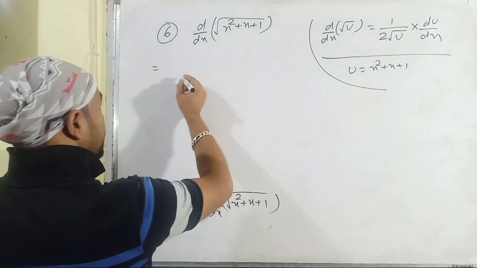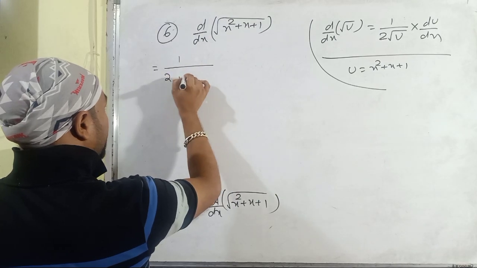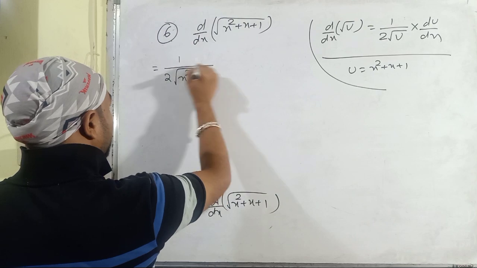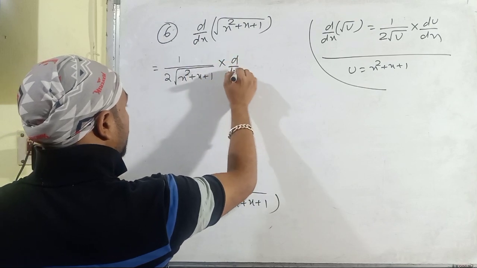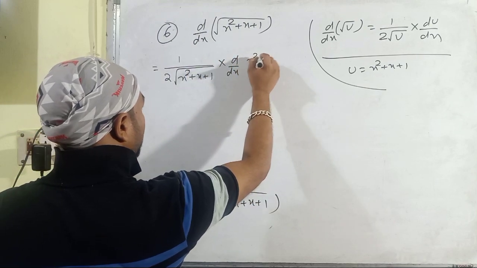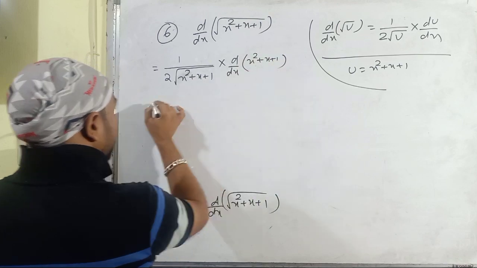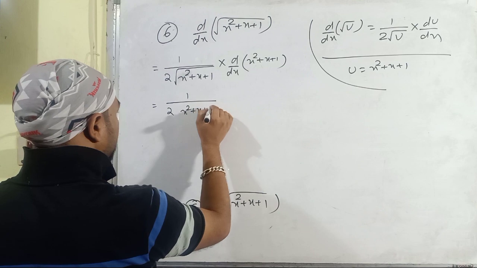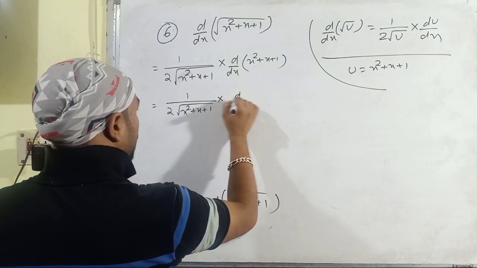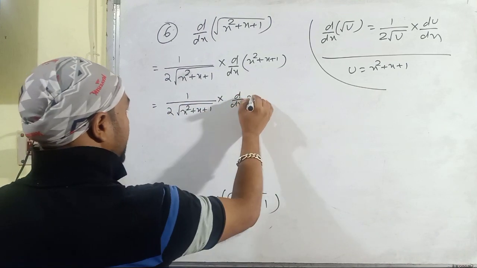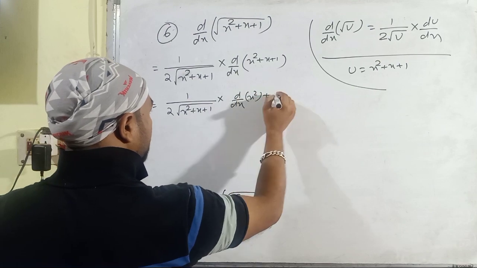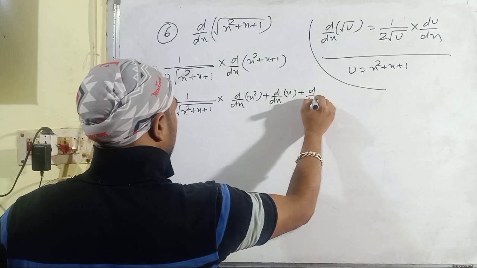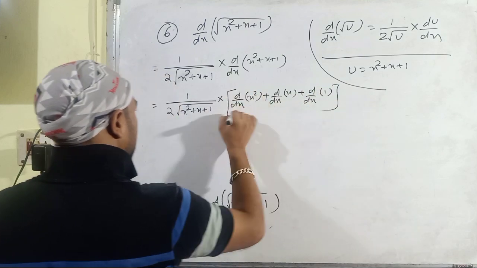So by applying this concept here, 1 upon 2 multiplied with the square root of x square plus x plus 1 multiplied by the differentiation of u, that means differentiation of x square plus x plus 1. Then we have to apply the algebra of derivatives here: differentiation of x square with respect to x plus differentiation of x with respect to x plus differentiation of 1 with respect to x.